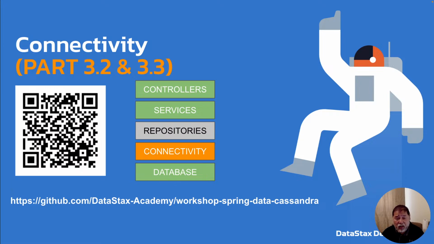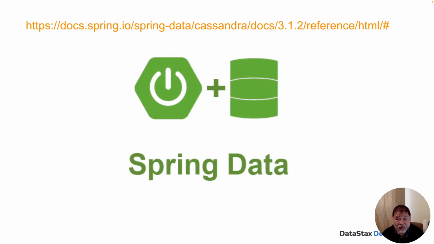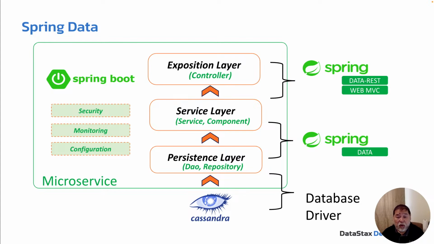we'll get there. We've already actually done parts 3.2 and 3.3, which is connecting to the database. So in Spring, there's a number of pieces, but we have the controller layer that exposes the data to the world. We have the service layer in the middle and the persistence layer with the DAO and repository.